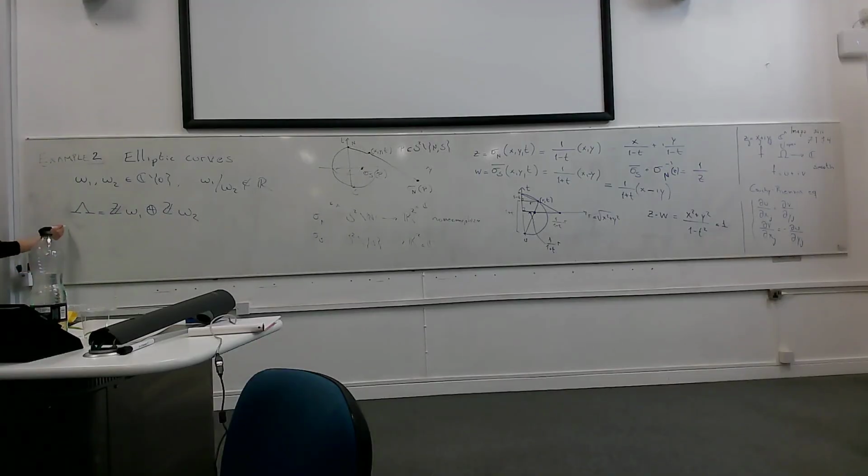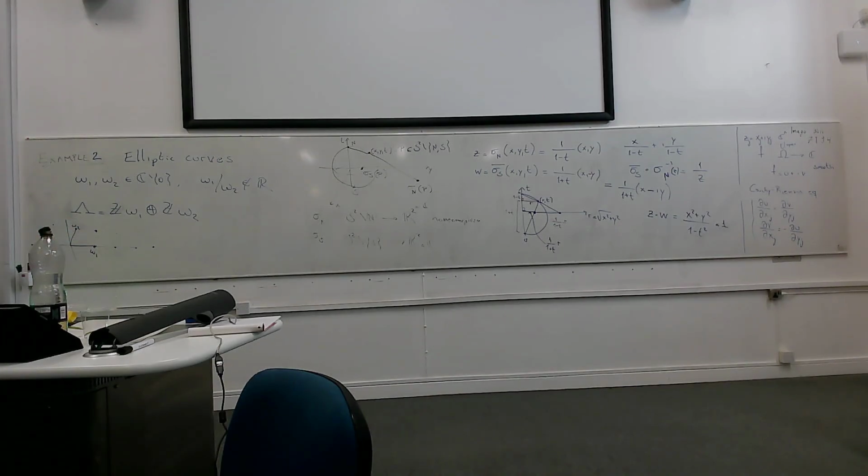So if this is omega 1, and omega 2 is somewhere here, then if you have omega 1, consider all the integer multiples of omega 1, and then you translate also with omega 2, upwards, downwards, and you obtain what's called a lattice.